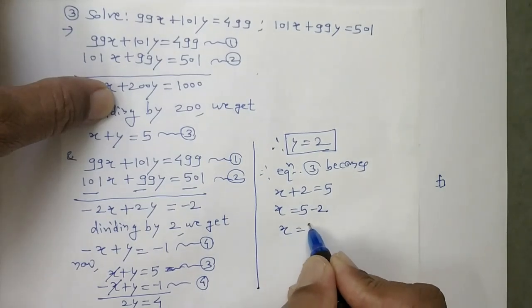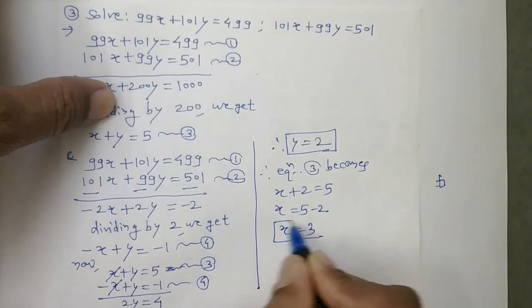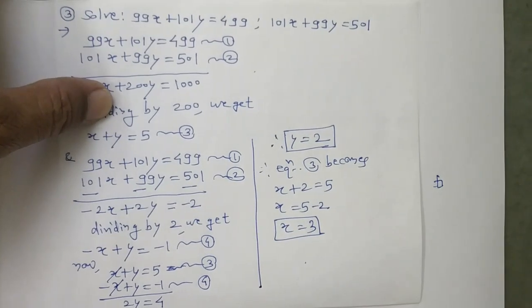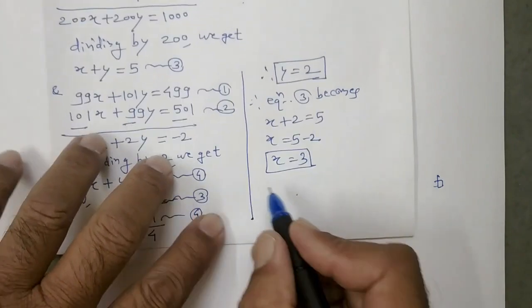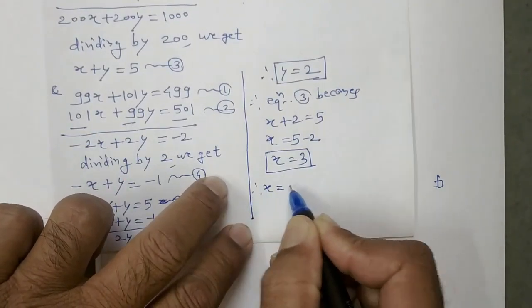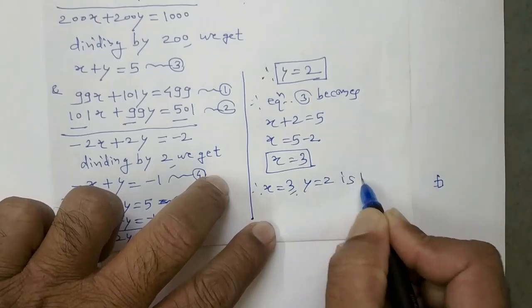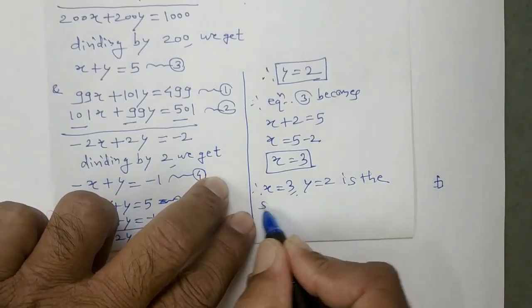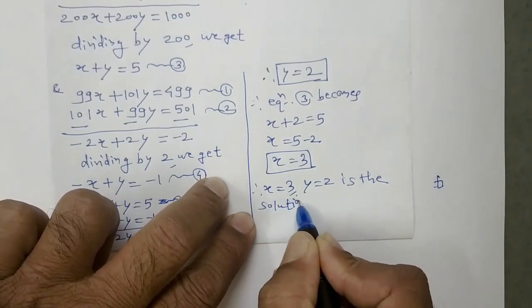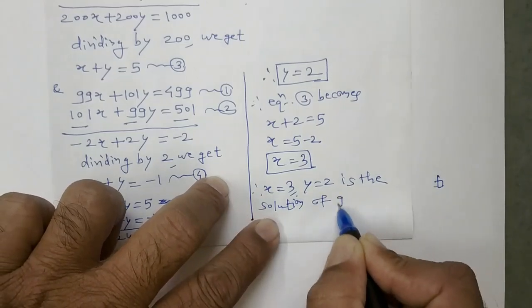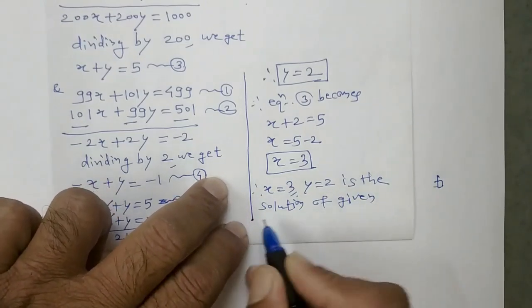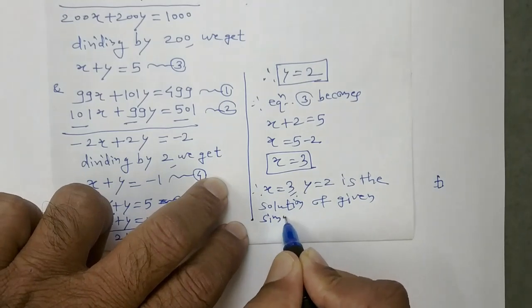X is equal to 3. Therefore, x is equal to 3, y is equal to 2 is the solution of given simultaneous equations.